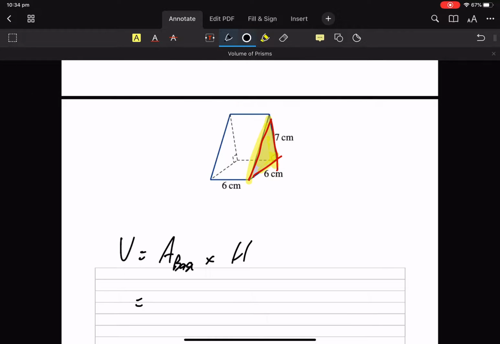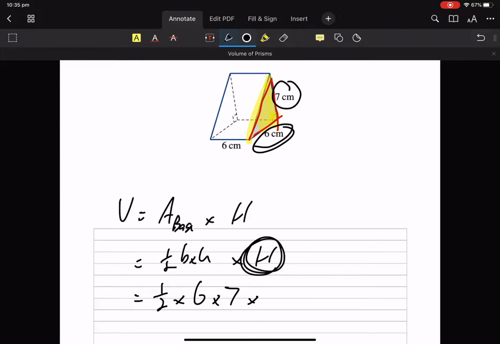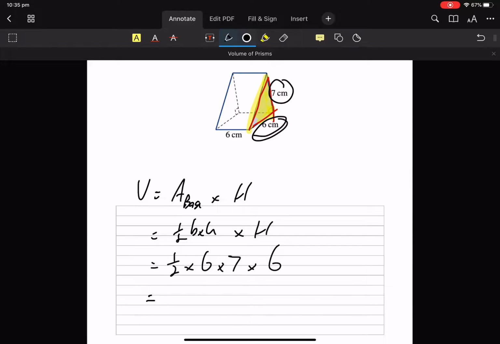Get the right colour. Triangle is a half base times height, and then that's that height. 6. Height of the triangle is 7. This height is the height of the prism, how far between the shapes on both sides, times 6. Calculator. 126. I won't forget this time it's centimetres cubed.